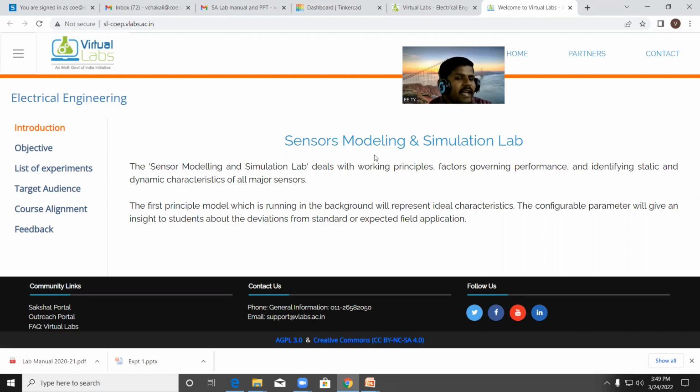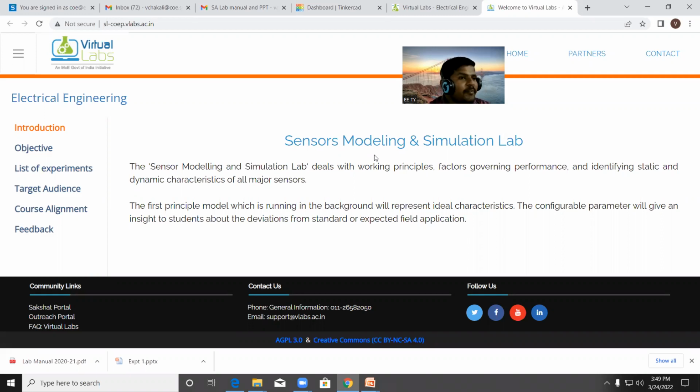The sensor modeling and simulation lab deals with the working principle, then factors governing performance and identifying static and dynamic characteristics of major sensors. Okay, so the aim of this sensor modeling and simulation laboratory is to deal with sensors whose operation depends upon the working principle.